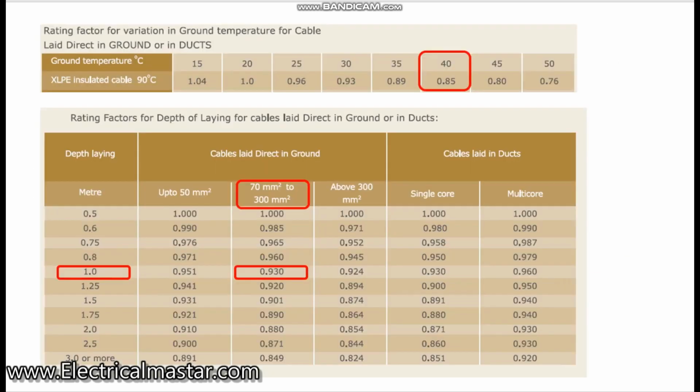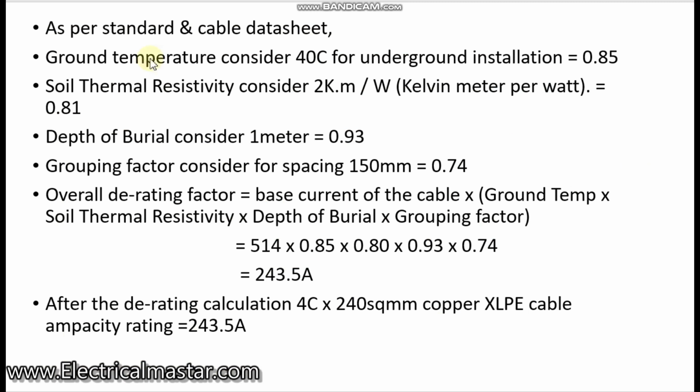See here, this is the manufacturer datasheet for the cable. For ambient temperature, directly installing the cable in the ground, 40 degrees Celsius is given in the IEC standard. For 40 degrees Celsius, the cable value is 0.85.